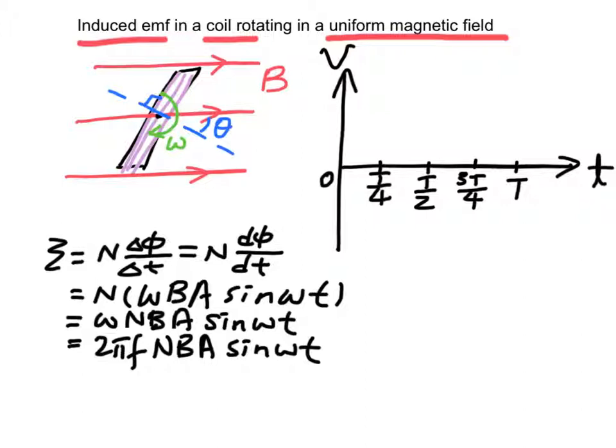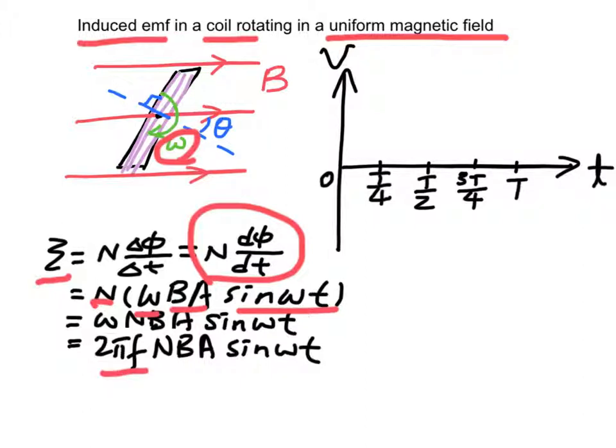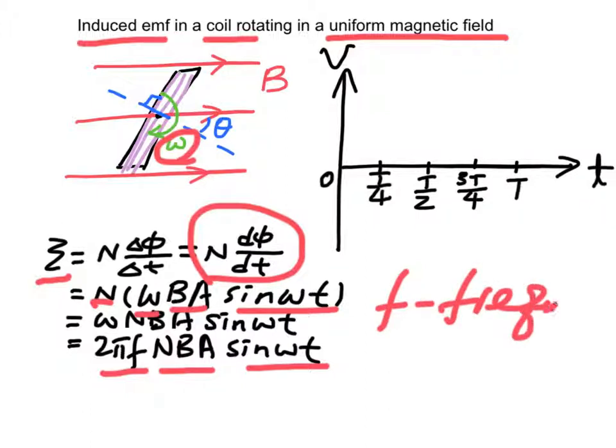When the coil is rotating with an angular speed omega, by definition, the induced EMF magnitude is equal to N d flux dt, which is equal to N omega BA sine omega t, equal to 2 pi f NBA sine omega t, where f is the frequency of rotation of the coil. 2 pi f NBA is equal to the peak voltage of the induced EMF.